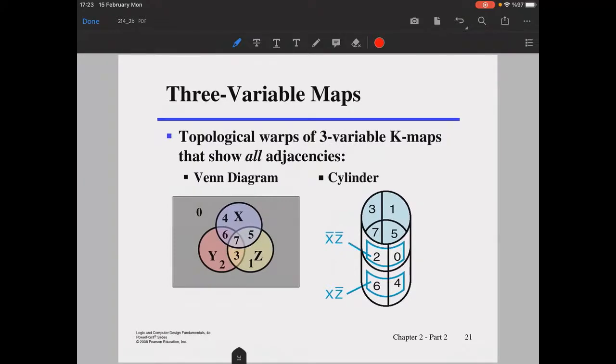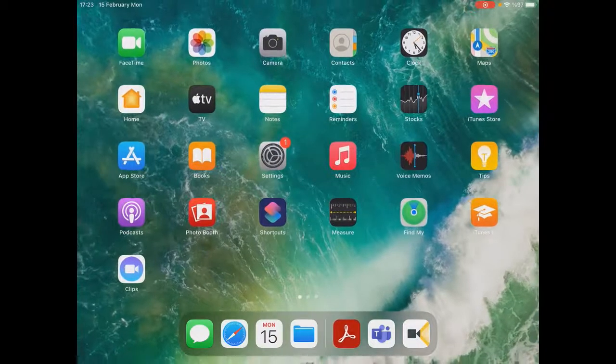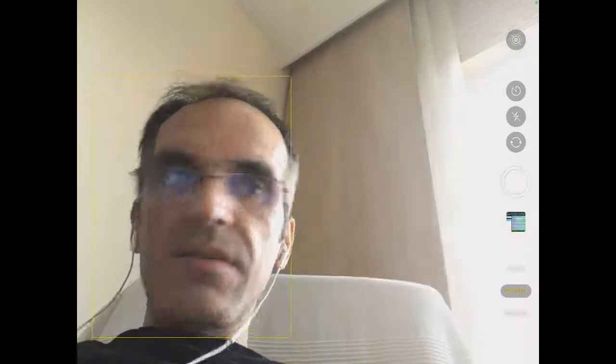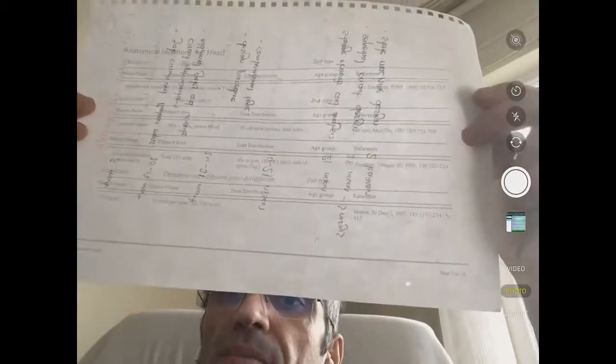Let me try to explain this to you by showing, hopefully. Okay, so look at this. Now, suppose this is my truth table, right?